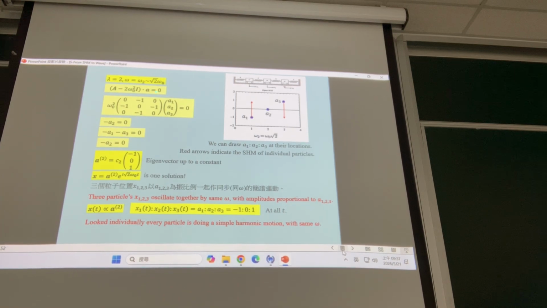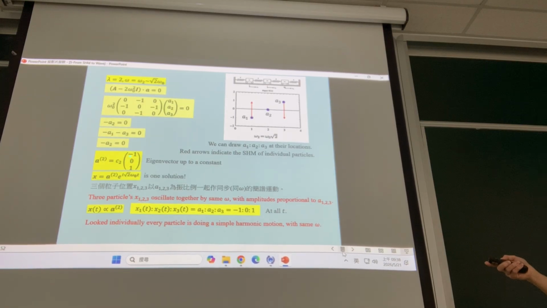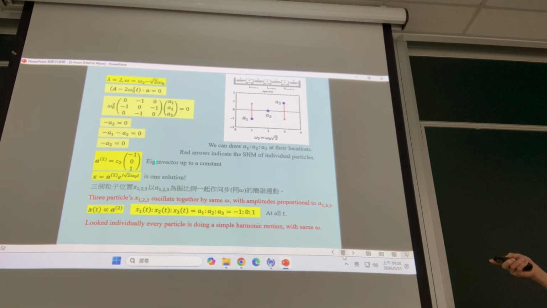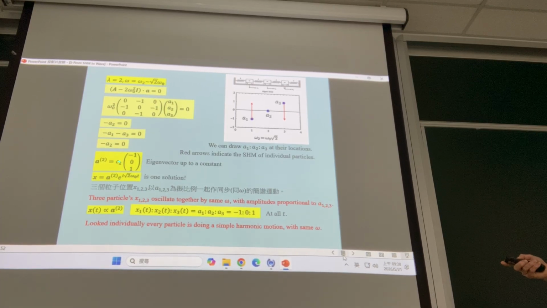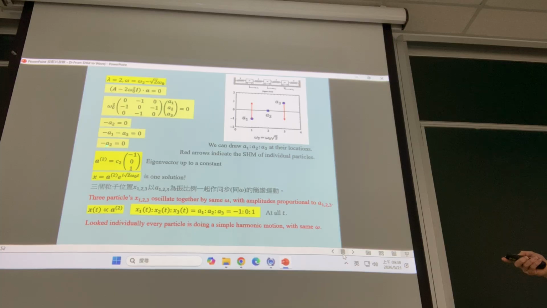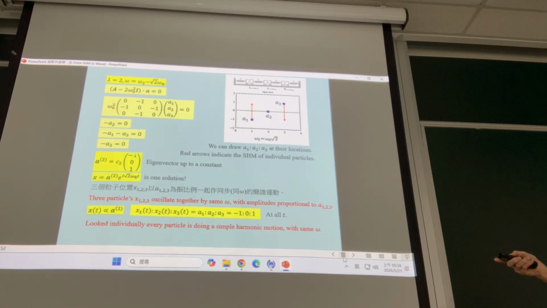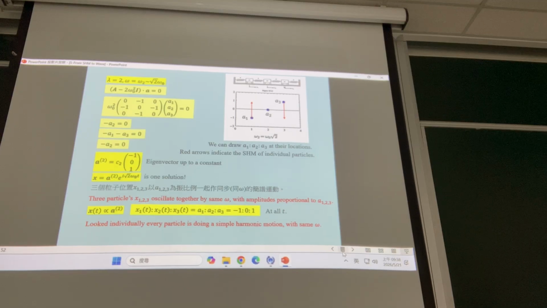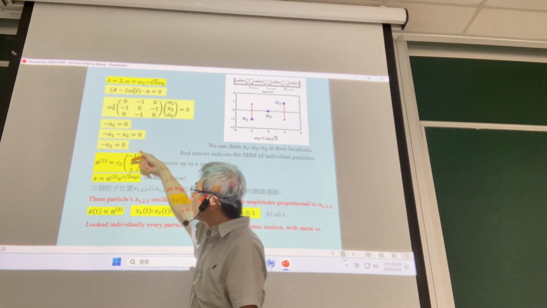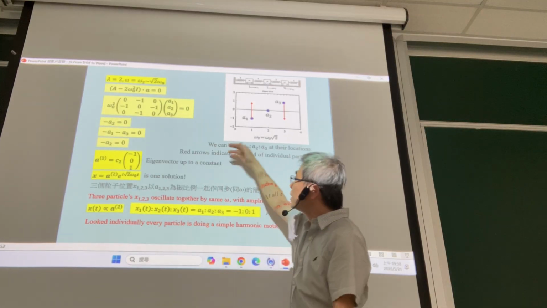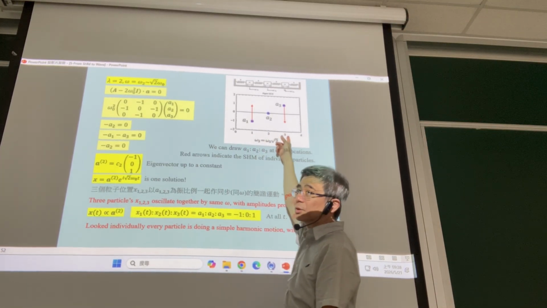After solving for omega 2, we found the eigenvector to be -1, 0, 1. This eigenvector can only be determined up to a constant, so there is a constant C2 in front of it. Put the other way, you can only determine the ratio between the 3 components. But remember, these 3 components, which we call A1, A2, and A3, actually correspond to particle 1, particle 2, and particle 3.